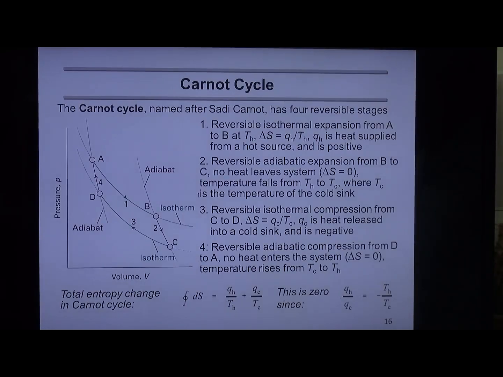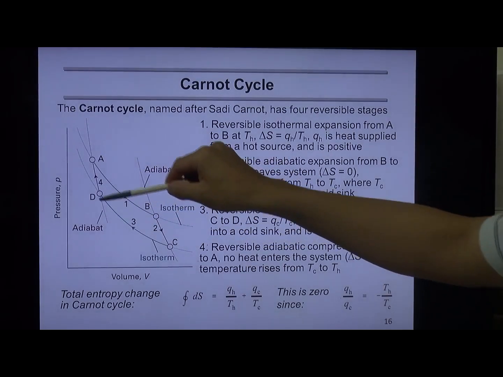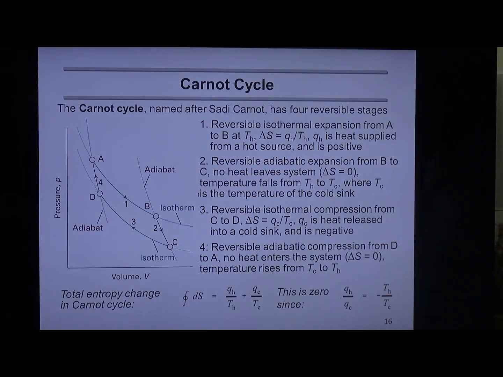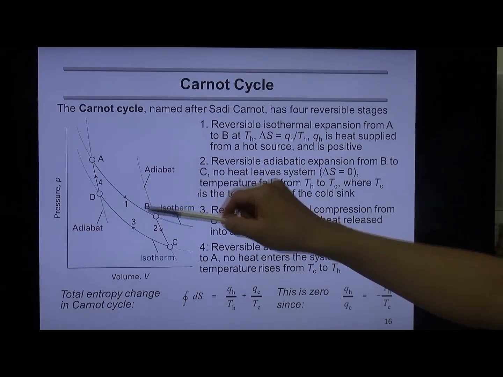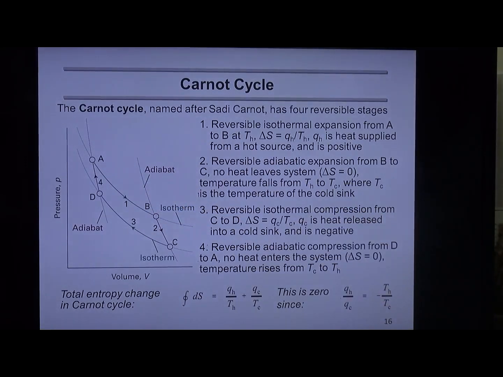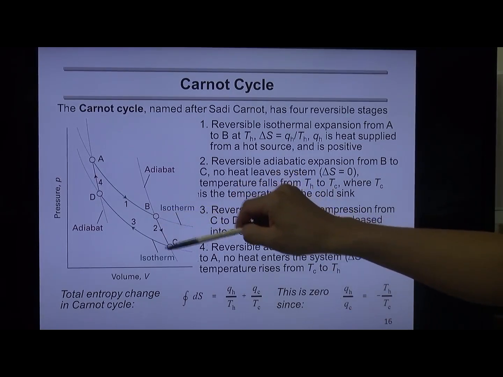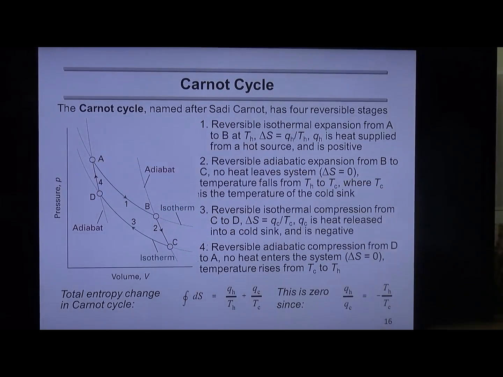All right. First, we separately need to calculate the entropy change for each of these processes 1, 2, 3, and 4. One thing which is good is that number 2 and number 4 are adiabatic processes. Adiabatic means Q is equal to 0, right?